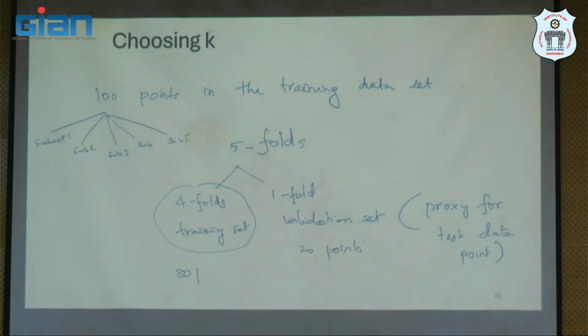There are 80 points here, right? So I will pick the first point in this set. This is my first test-like point from the validation set. Calculate the distance of this first point with the 80 points, sort them in ascending order based on distances, choose k equal to 1 and assign a label.